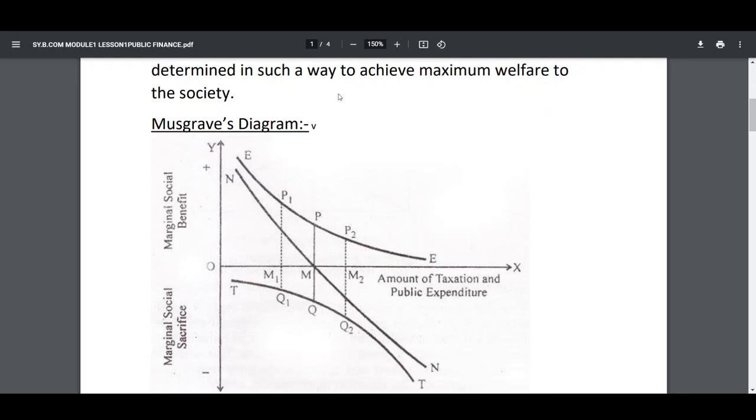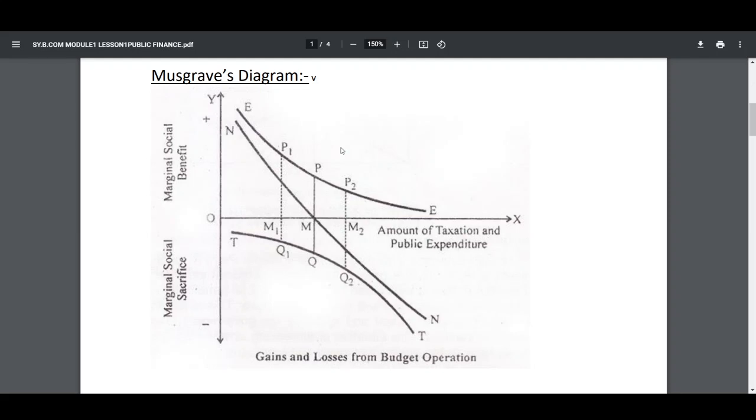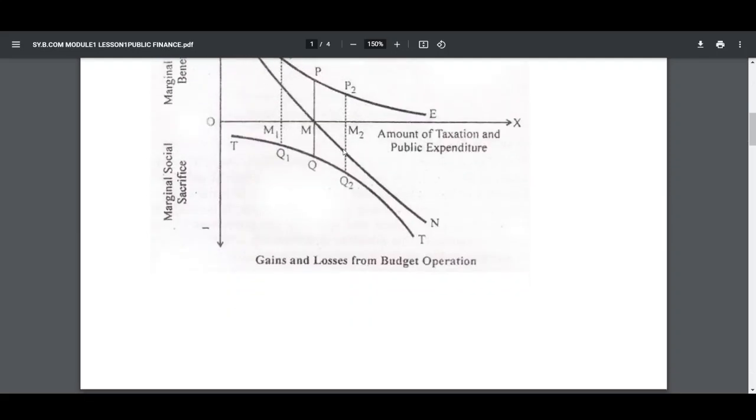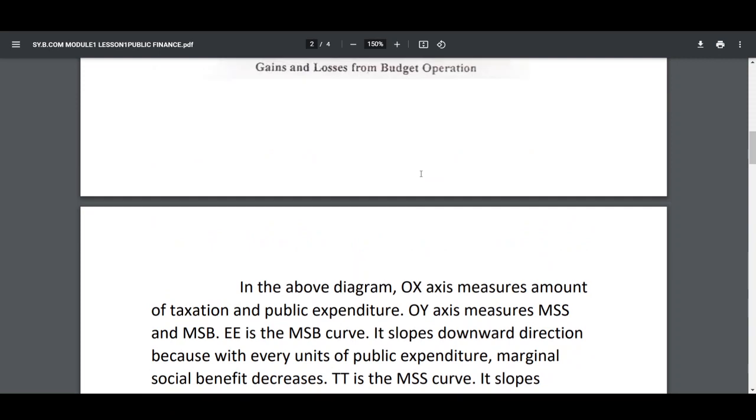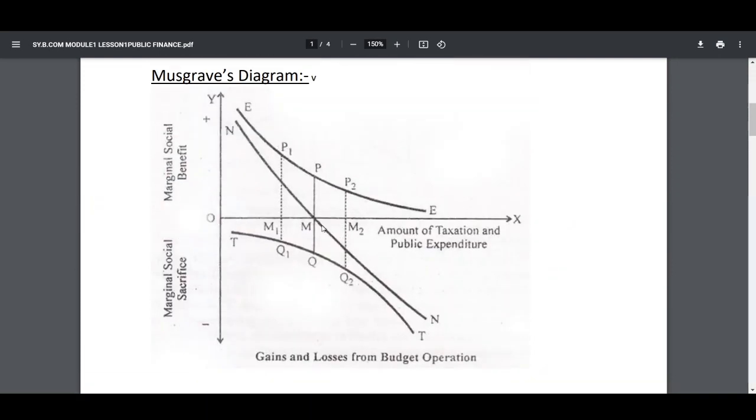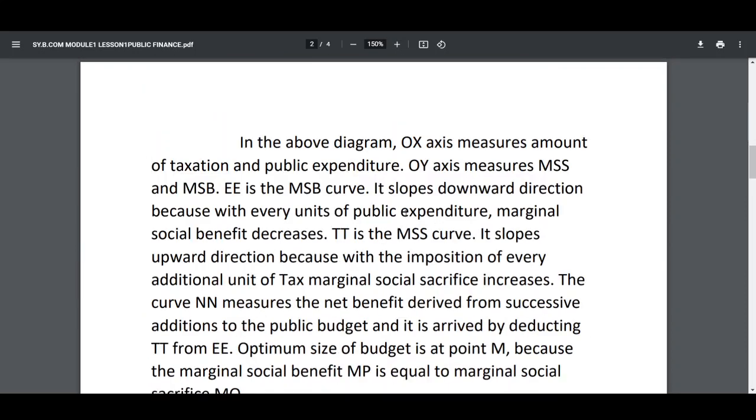Now, this can be explained very well through the diagram given by Richard Musgrave. In the diagram, the OX-axis measures the amount of taxation and public expenditure, and the OY-axis measures MSS and MSB.